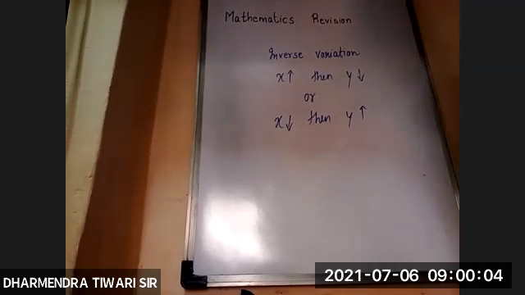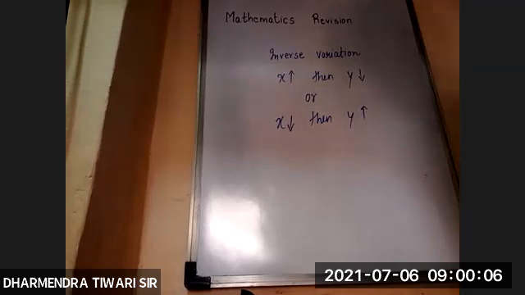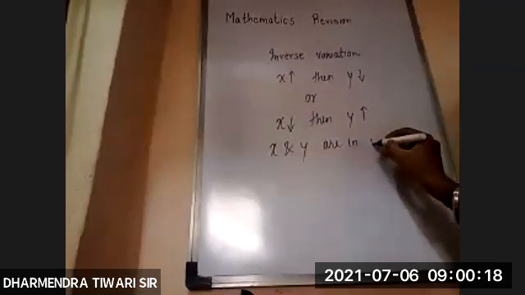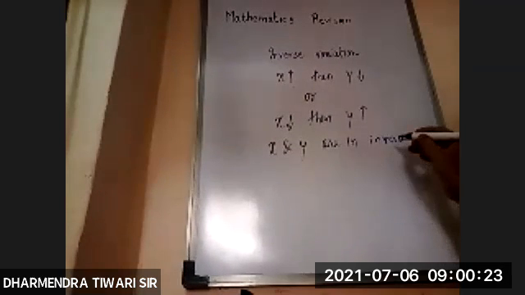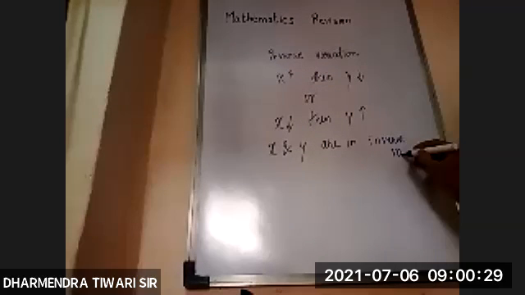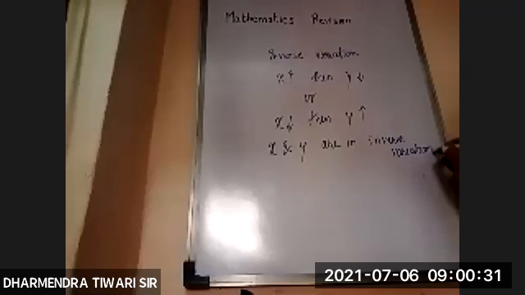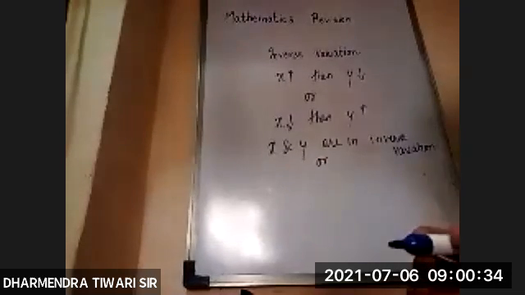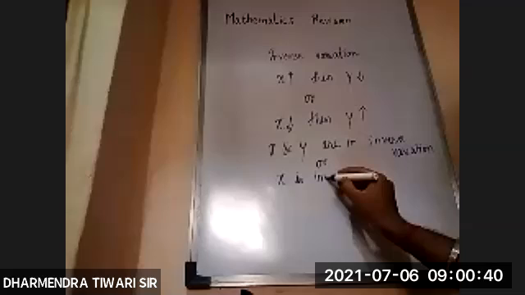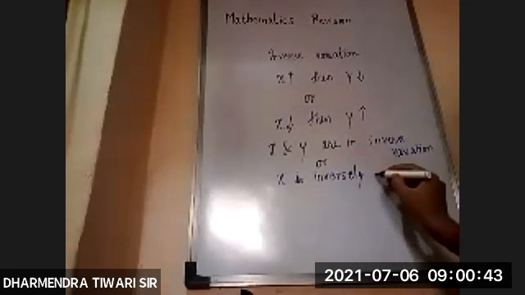If we are saying x and y are in inverse variation, or inversely proportional, here we will be telling inverse variation. Or you can also say that x is inversely proportional to y.